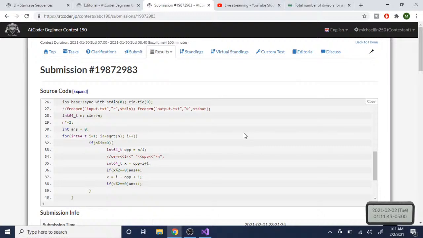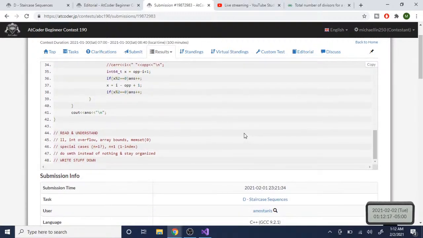Okay, times by 2, let's go up to square root of n. We're going to divide it by I. Then we subtract by I plus 1. If it's divisible by 2, if it's even, we add 1. Then x minus I minus I plus 1.